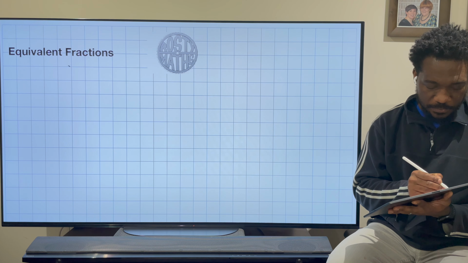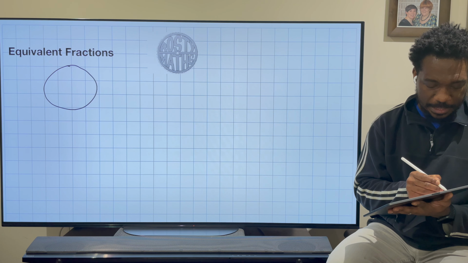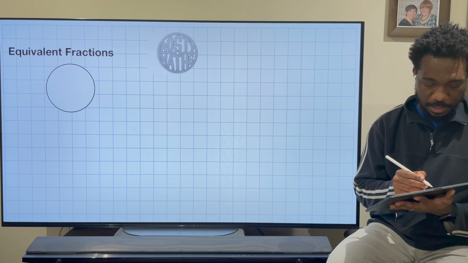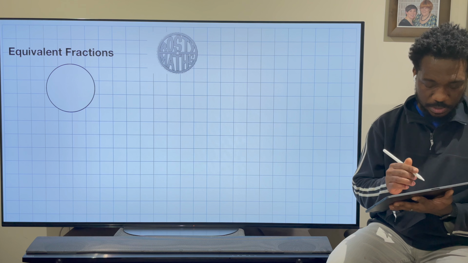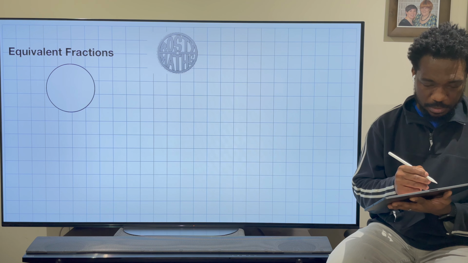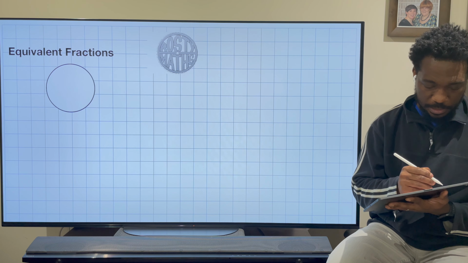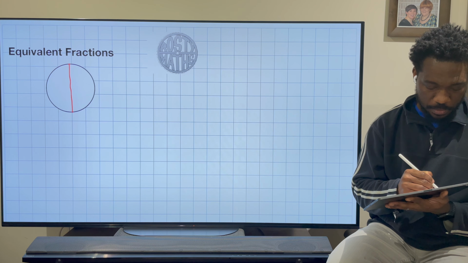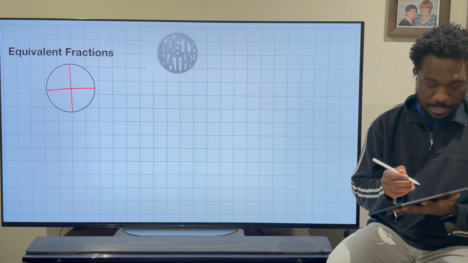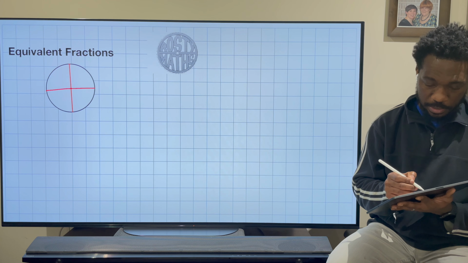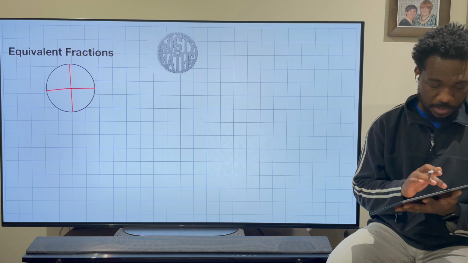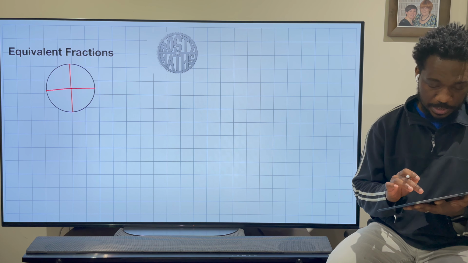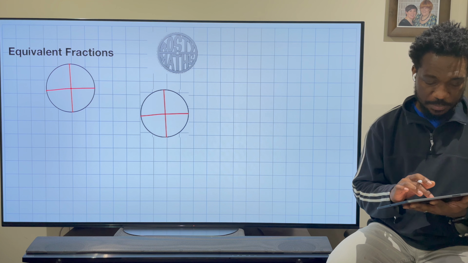Let's start by getting a circle going. Then I'm going to cut up my circle into quarters like so. Then I'm going to do another circle. Actually, let me copy and paste this one here, so I get the same shape again.